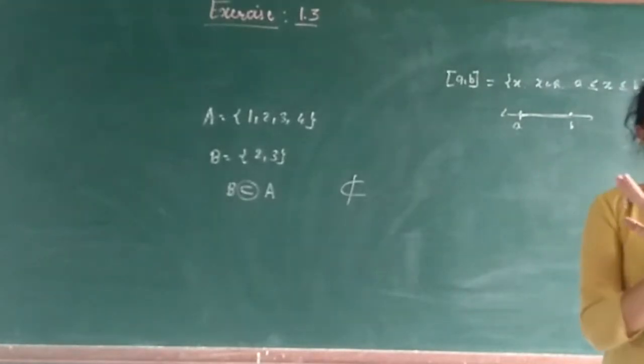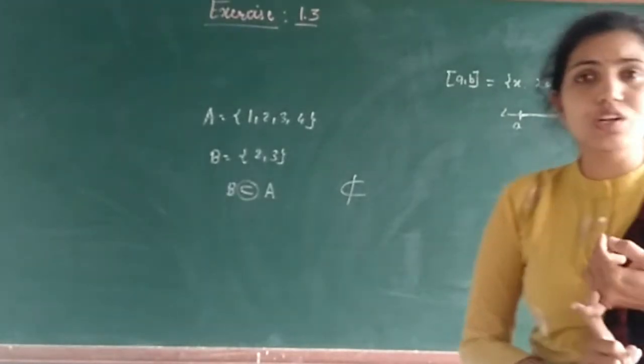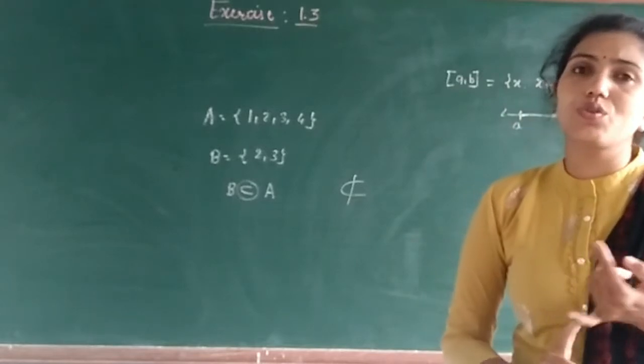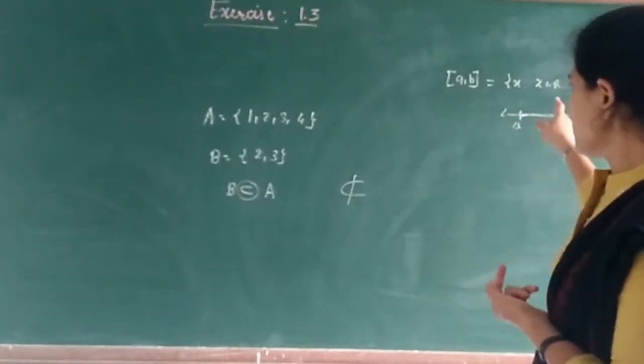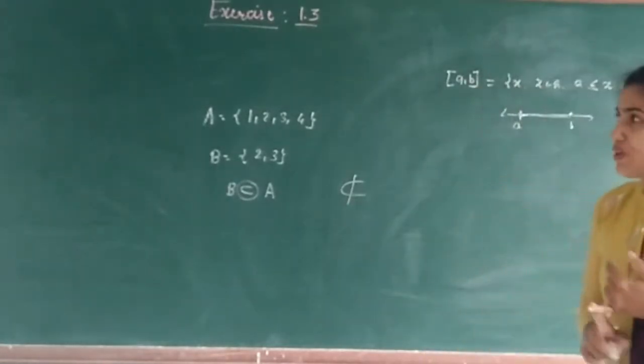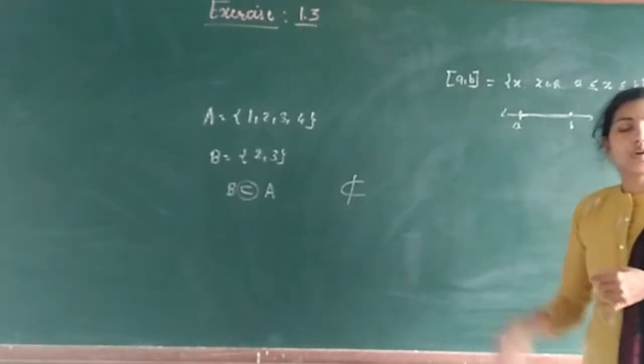Between A and B, whatever numbers come, maybe rational, irrational, integers, anything, all the numbers will be there. Right, between A and B. So this is called the interval.